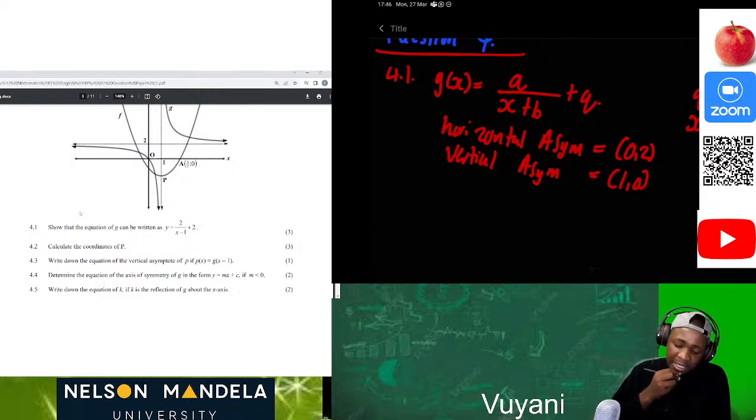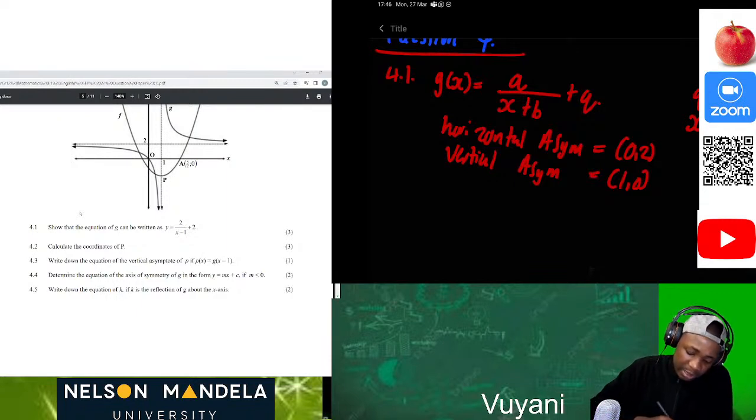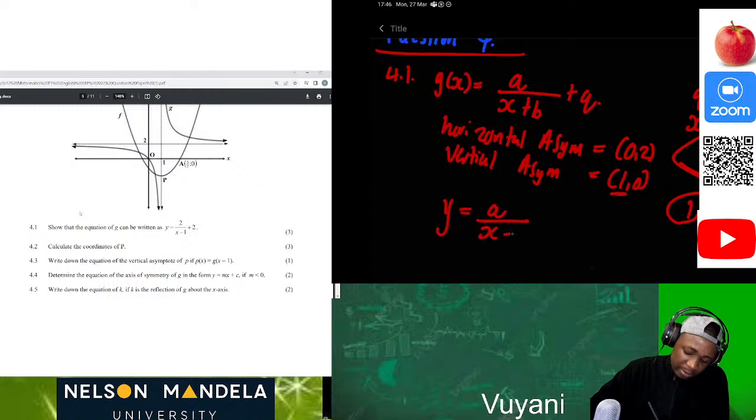So we can see that our value of b is negative 1. Bear in mind, guys, that if it's a positive value here, it's going to be negative. So already we have y equal to a over x minus 1, plus 2, because we have substituted the asymptotes of the graph.